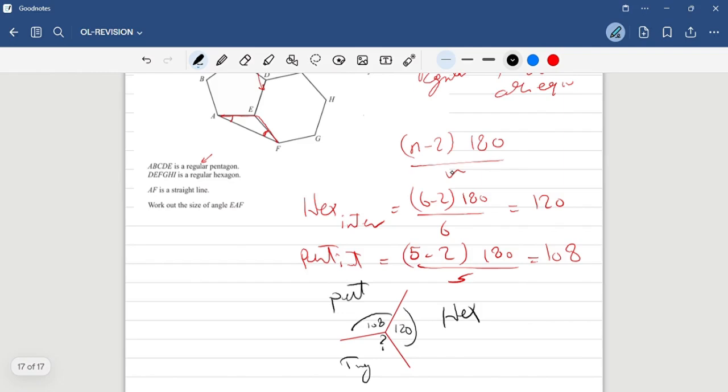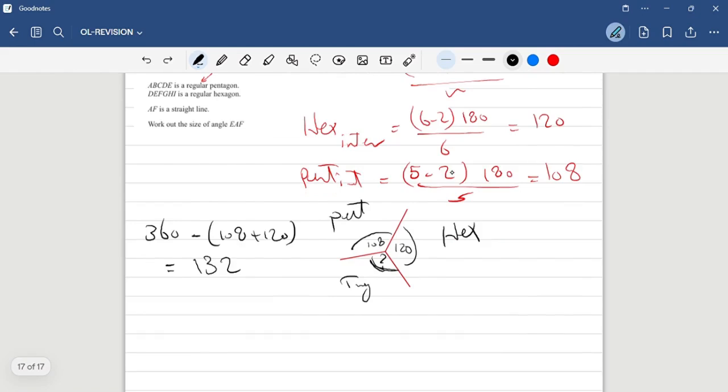Of course, the summation of all these angles is 360, so it will be 360 minus 108 minus 120, which equals 132, right? So the third angle equals 132.